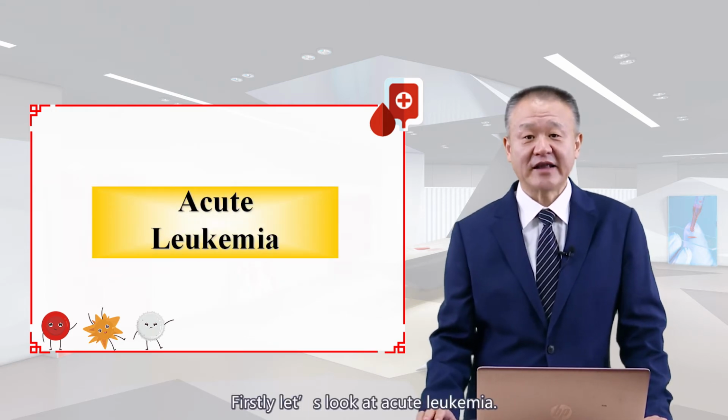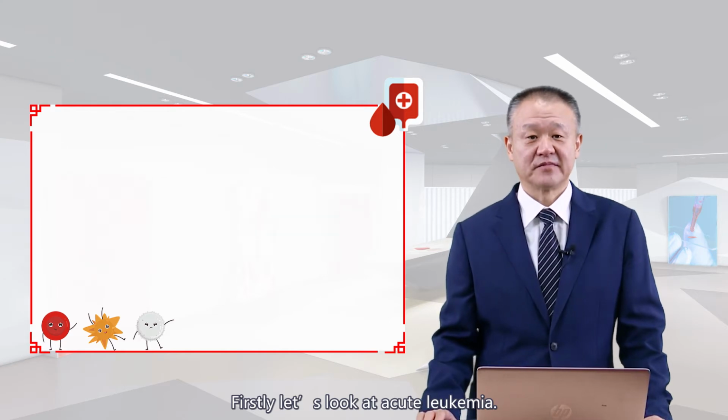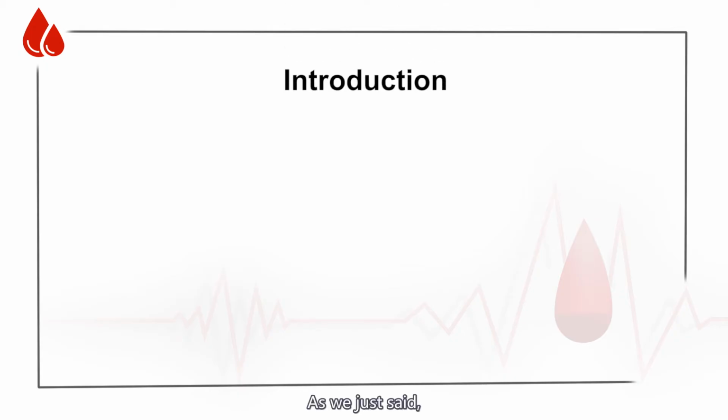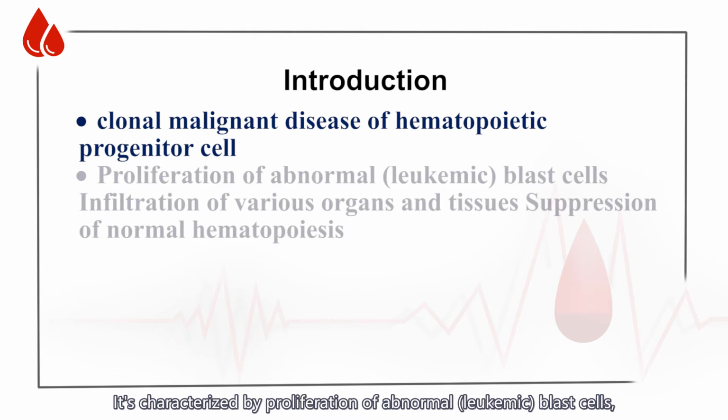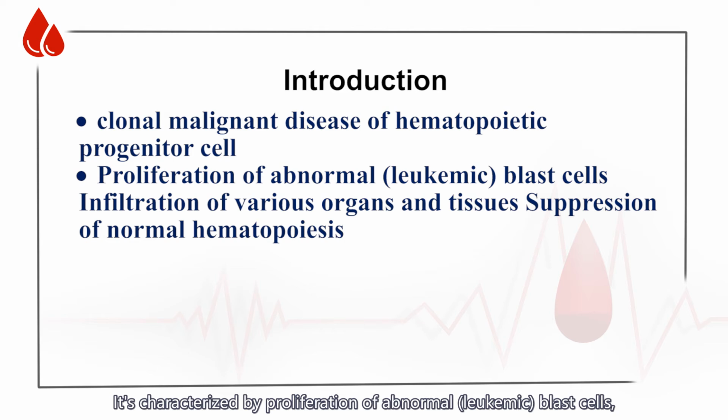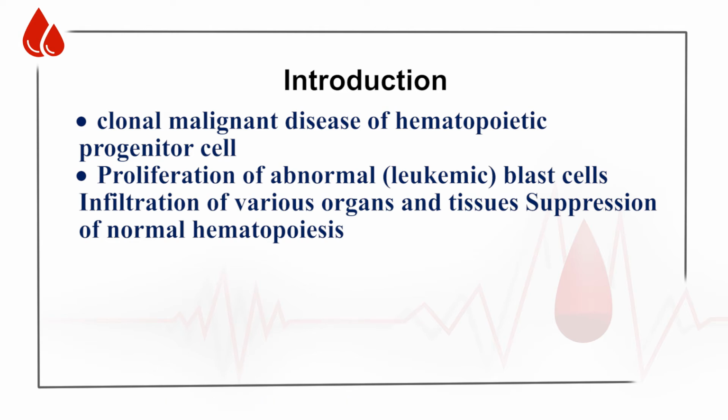Firstly, let's look at acute leukemia. As we just said, acute leukemia is a clonal malignant disease of hematopoietic progenitor cells. It is characterized by proliferation of abnormal blood cells, infiltration of various organs and tissues, and suppression of normal hematopoiesis.